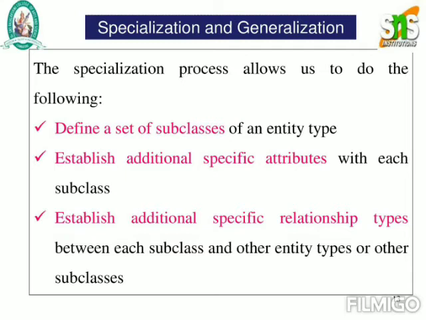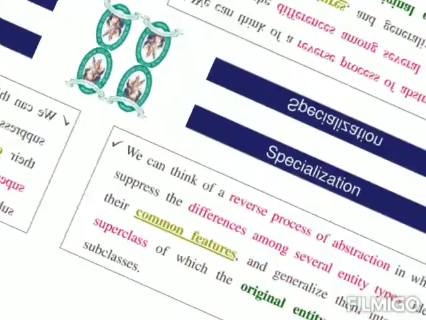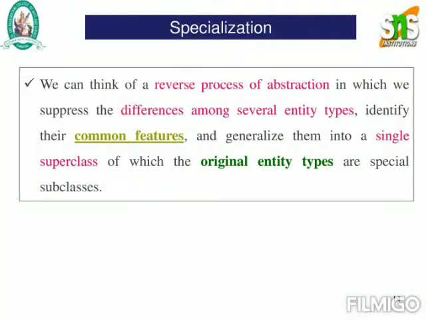The third one is establishing additional specific relationship types between each subclass and other entity types or other subclasses. We can think of the process of abstraction in which we suppress the differences among several entity types, identify the common features, and generalize them into a single superclass of which the original entity types are special subclasses.